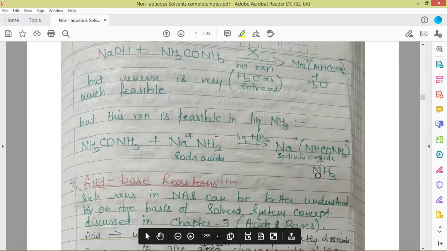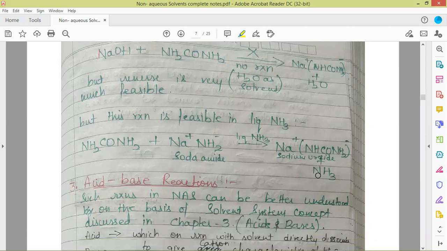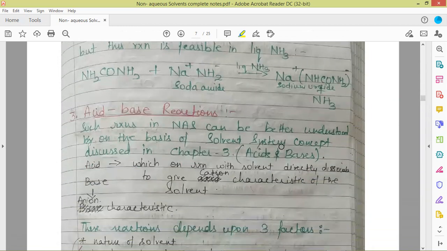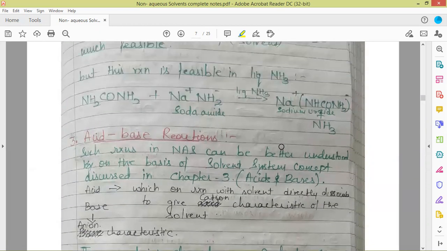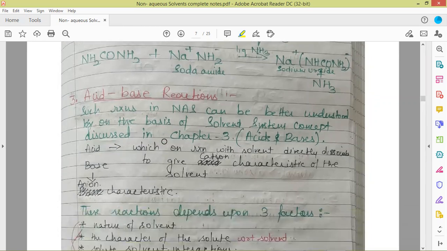So this is how, based upon the nature of the solvent, different acid-base reactions can be carried out. So next are the acid-base reactions. The last one was not the acid-base but the salt formation reaction. Such reactions in non-aqueous solvents can be better understood on the basis of the solvent system concept, which we just discussed in chapter 3, where we discussed acids and bases.